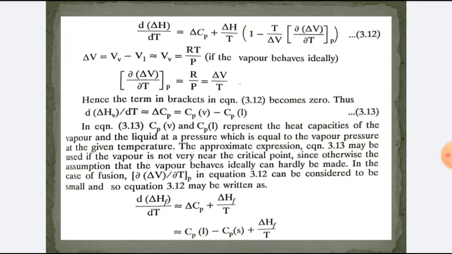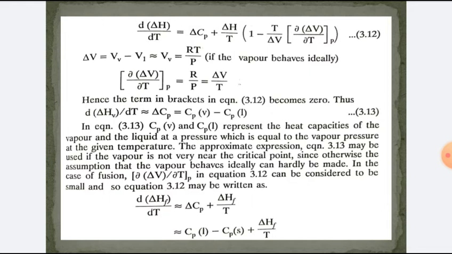In equation 3.13, Cp of vapor and Cp of liquid represent the heat capacities of vapor and the liquid at a pressure equal to the vapor pressure at the given temperature. The approximate expression in equation 3.13 may be used if the pressure is not very near the critical point, since otherwise the assumption that the vapor behaves ideally can hardly be made.